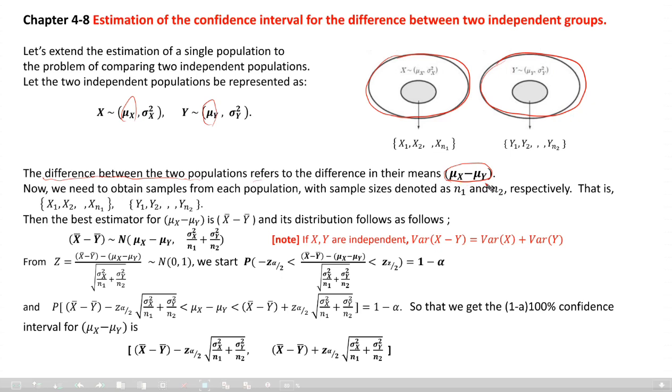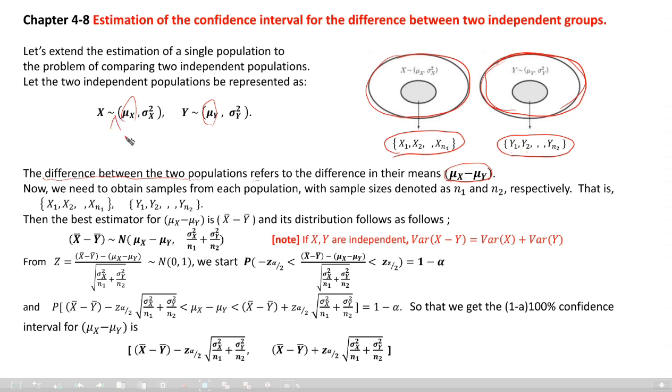Understand that? Then we will take a sample from population 1, x1, x2, up to x n1. The sample size is n1. And from population 2, we will take a sample y1, y2, up to y n2. Actually, it doesn't matter what the distribution of the population is.